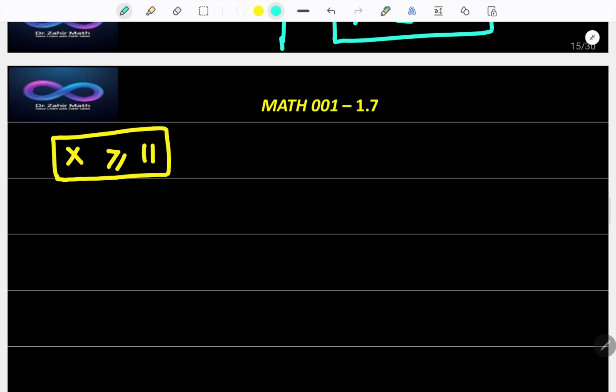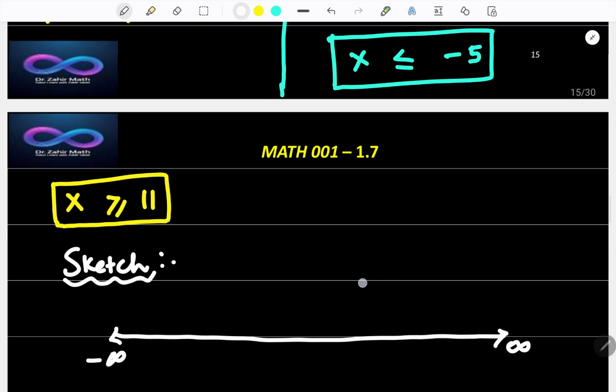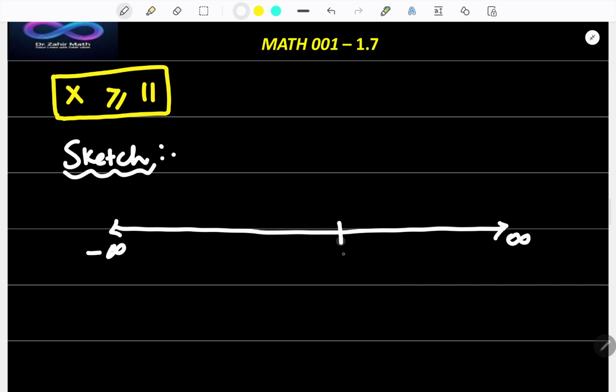So let me go for the sketch. The sketch is what we are going to do, a real number line, from minus infinity to infinity, right? So the first one is x is less than or equal to minus 5. Let me take 0 here and minus 5 here.